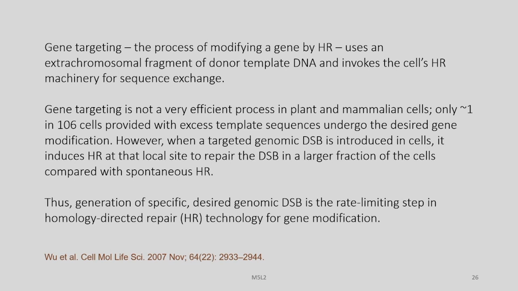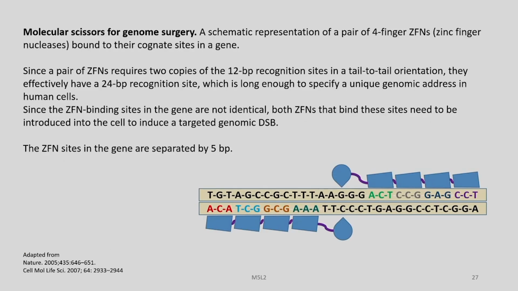So, for generation of specific desired genomic DSB, which is the rate limiting step in homology directed repair technology for gene modification, we will use zinc finger nucleases, other similar nucleases. So, they are also called as the molecular scissors for genome surgery.